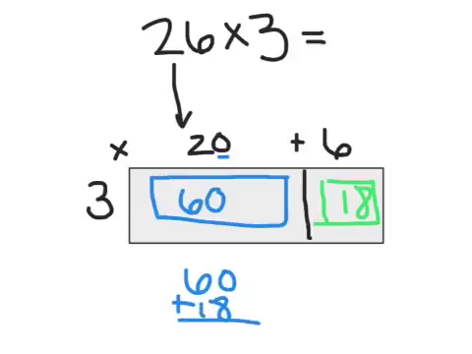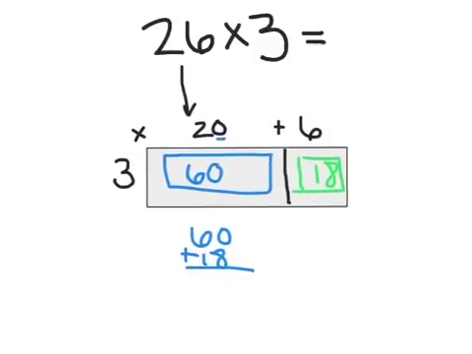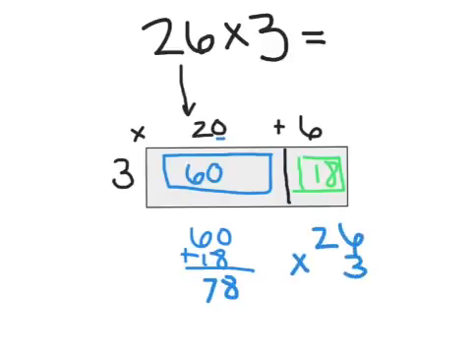Now I kind of ran out of room, so I'm going to make this a little bit smaller so that I can add these together. So 8 plus 0 is 8, 6 plus 1 is 7. So 26 times 3 equals 78.